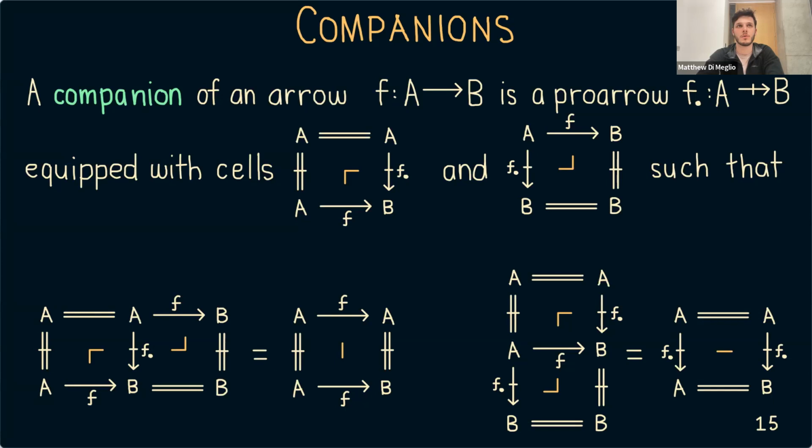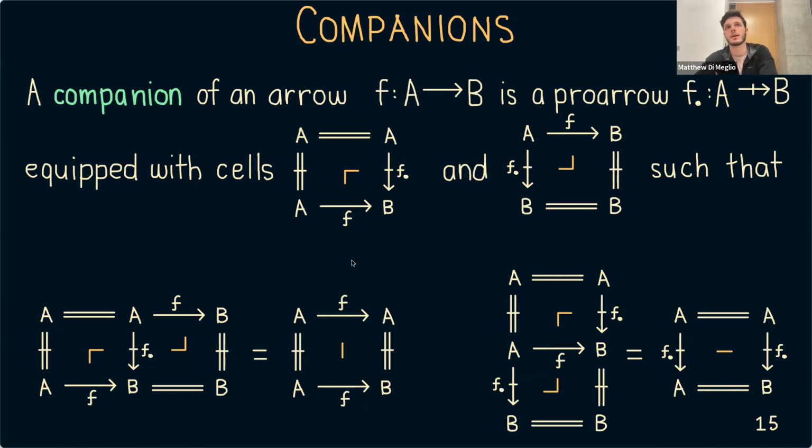So as we saw before, a companion of an arrow F from A to B is a pro arrow from A to B equipped with these cells which satisfy these equations. I've used this string diagram-esque notation suggestively because these equations look like the straightening of wires. A bit like when you see junctions in string diagrams, the triangle identities look like the straightening of wires.